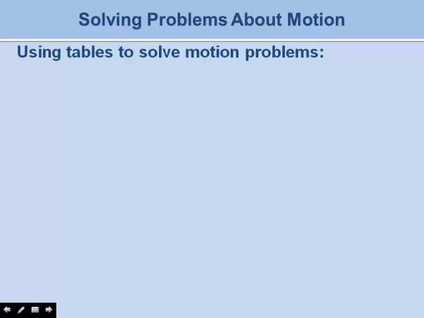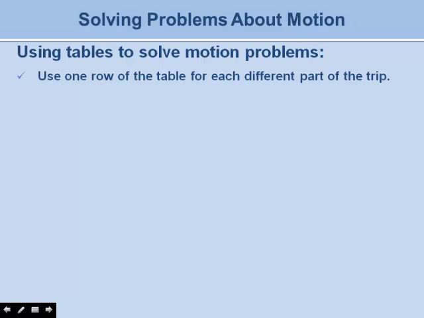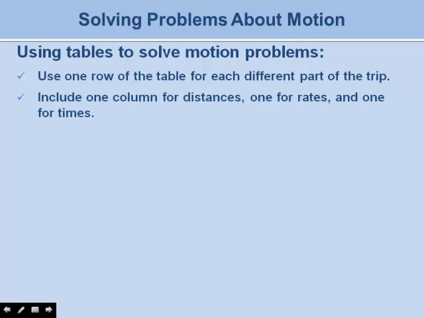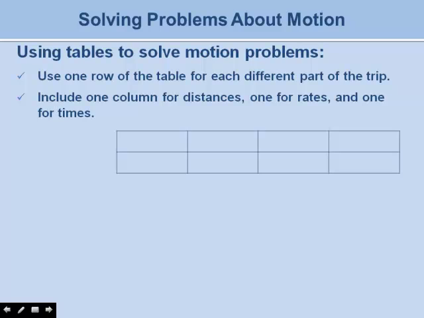For motion problems, it also works pretty well to use tables. We're going to use one row of the table for each different part of a trip. And then our columns are going to be the distance, the rate, and the time. So if we had a trip, say we had the first leg of the trip and the second leg of the trip, and then up here we would have our distances, then rate, and then time.